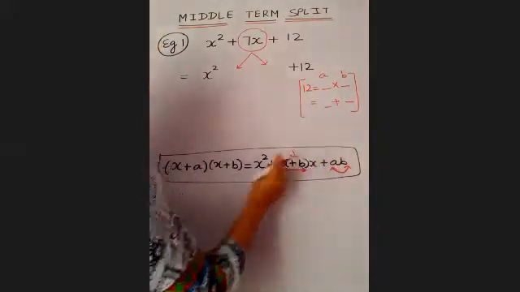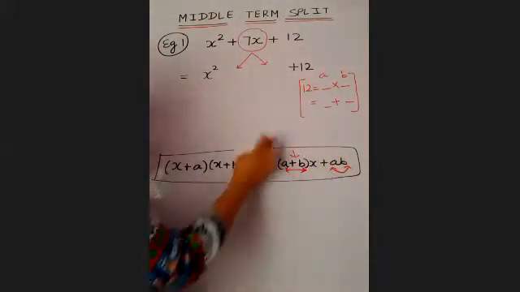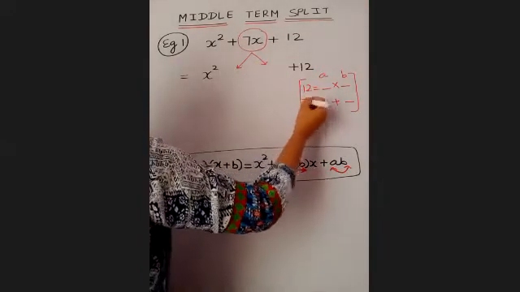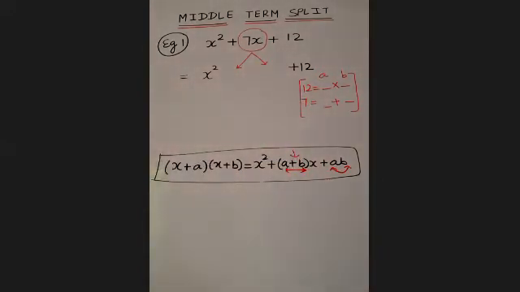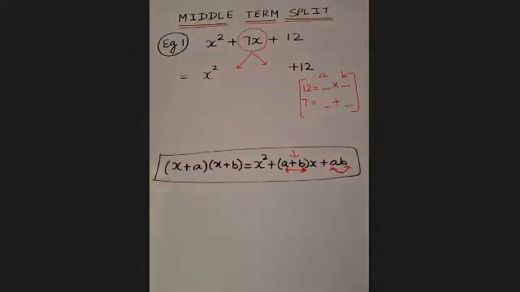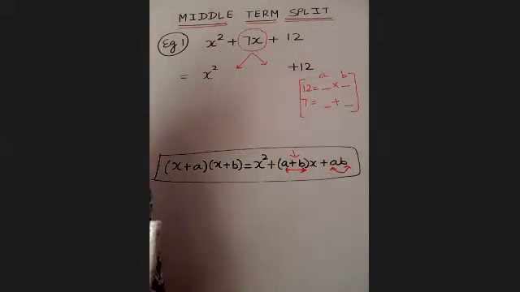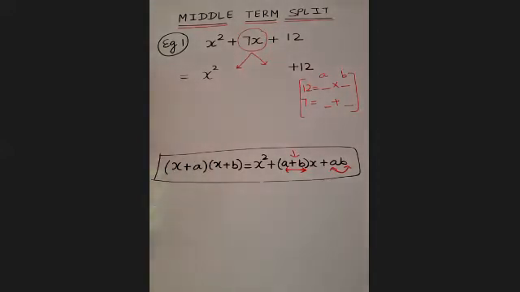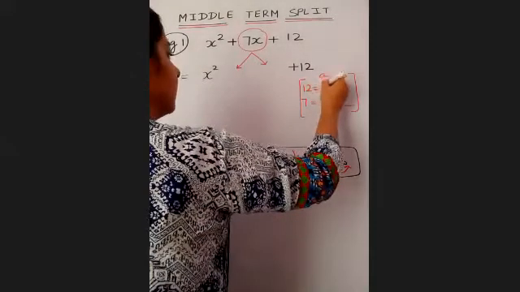What is the middle term here? 7. So you have to look for two numbers on multiplying which you get 12 and on adding which you get 7. And the two numbers would be 3 and 4.